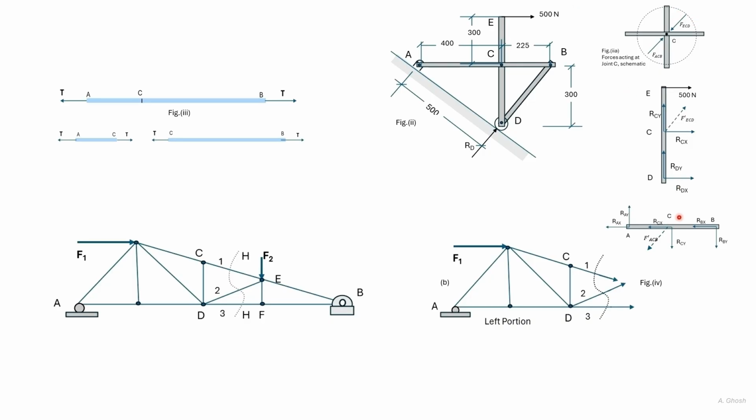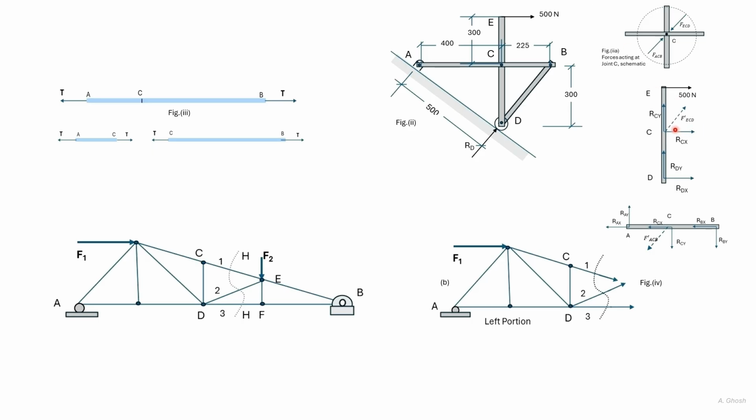The pin will also exert a force F dash ACP on ACP, where F dash ACP is equal and opposite to FACP. These two forces being equal and opposite, F dash ECD will be equal and opposite to F dash ACP.